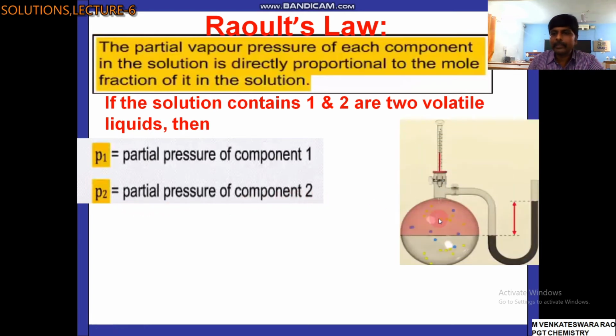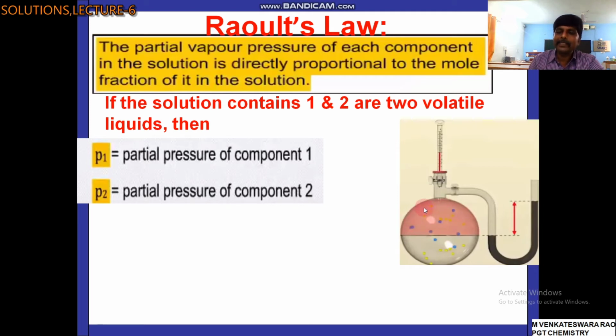Then, you can see in this diagram there are two components, one with yellow molecules, another with blue. This is the liquid phase. In the vapor phase also, you can find both solute and solvent. Here also it contains two components, component 1 and component 2.